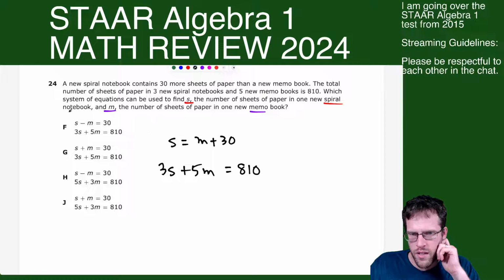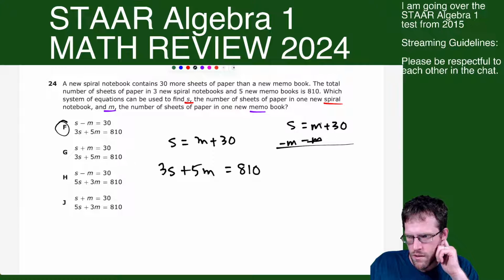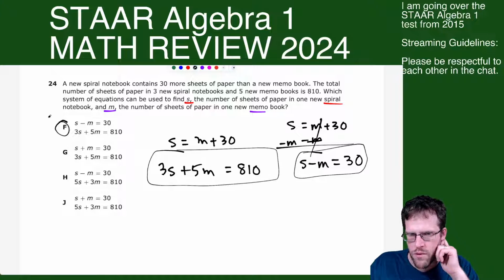So this is looking like F. All I have to do is go minus M on both sides. Okay, so this cancels. S minus M equals 30. So here's equation 1, and here is equation 2. So F.